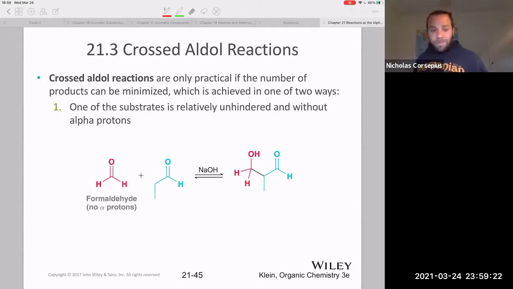So if we took formaldehyde and reacted that with propanal, we would get this sort of crossed aldol reaction, but it would be specific to propanal acting as the nucleophile, formaldehyde acting as the electrophile, because propanal is the only one that has any alpha hydrogens. So that's one way.